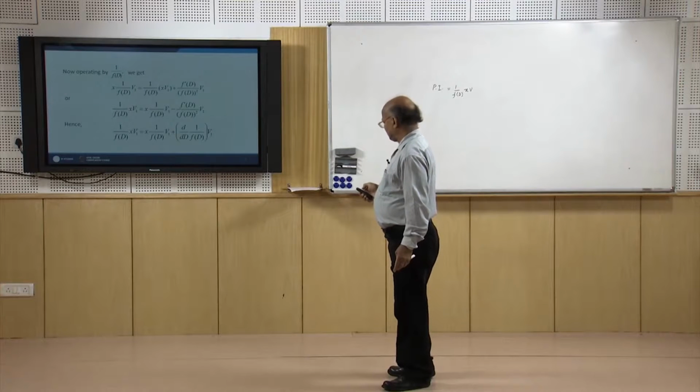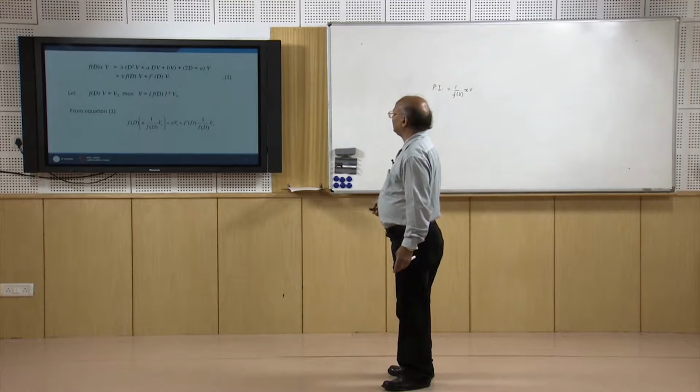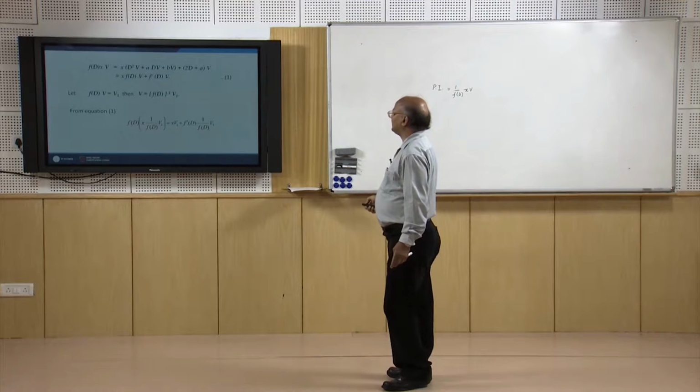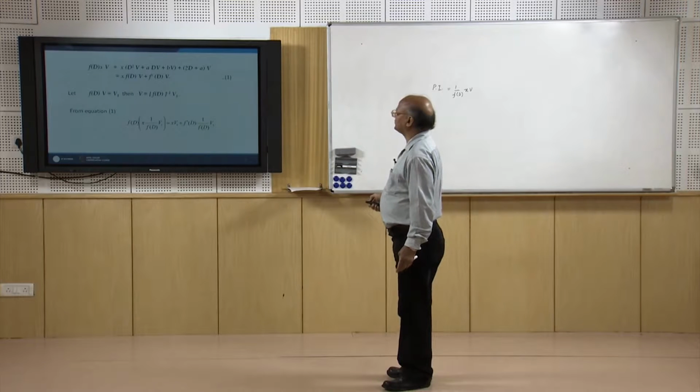Now we will operate on both sides by 1 over f(D). Since f(D) and 1 over f(D) are inverse to each other, on the left hand side we shall get only x 1 over f(D) b1.